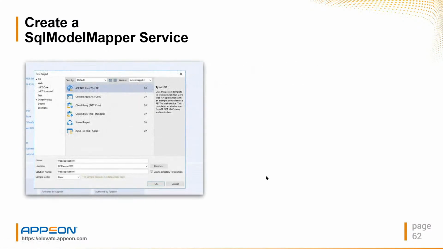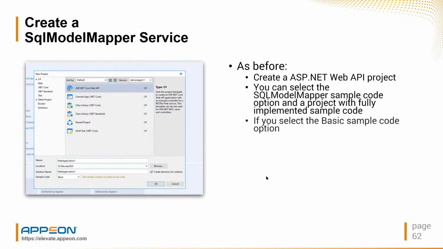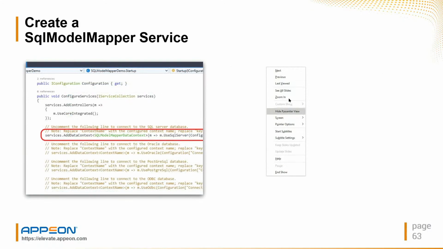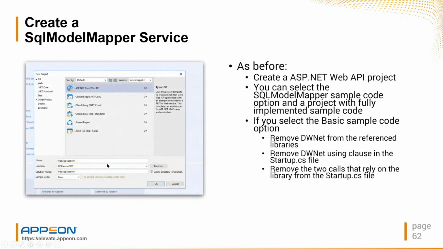So we're going to look at how we create the SQLModelMapper service if we do it manually rather than the .NET DataStore approach. As before, create an ASP.NET Web API project. When you do that, if you just say basic, it will actually still include some references to DW.NET libraries.